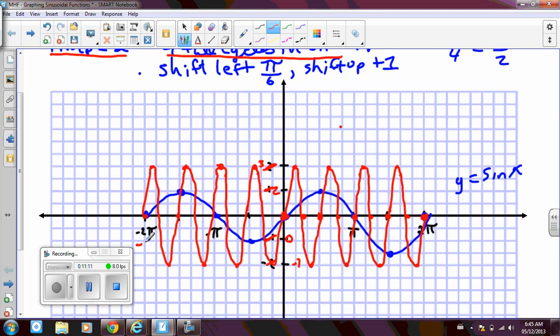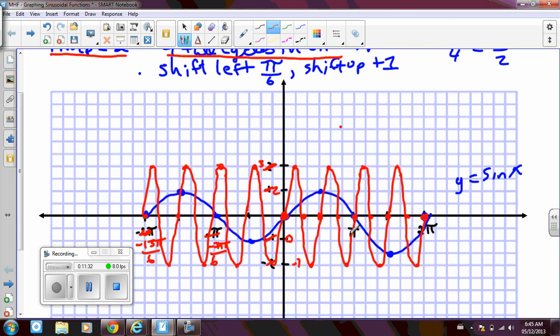So I'm subtracting one more π/6, so this is -13π/6. This was -6π/6. It is now -7π/6. Hopefully you'll have a little bit more room to indicate things neatly.